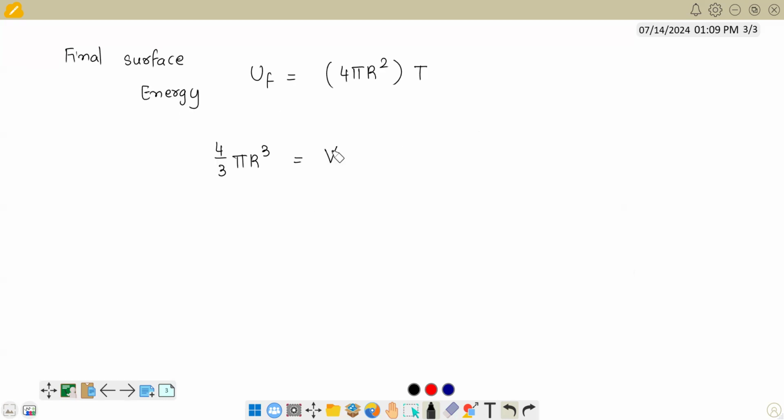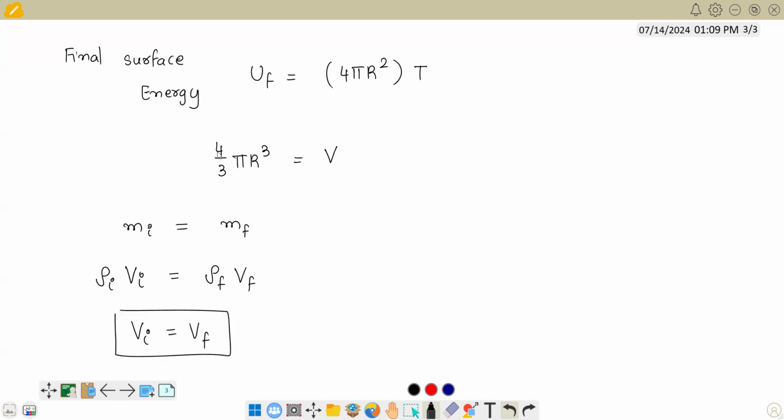So mass can be written as density into volume. If density is the same, we can say V initial equals V final. That's why I'm equating 4 by 3 pi R cube also to V. Here we don't have any n because it is a single drop.